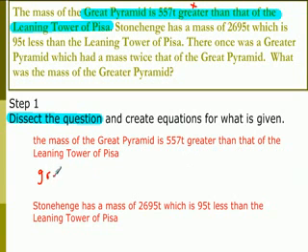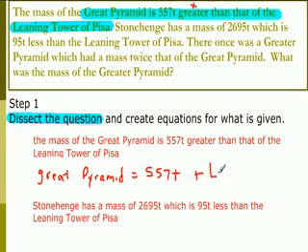Okay, so this means the Great Pyramid equals 557 t plus the Leaning Tower of Pisa.